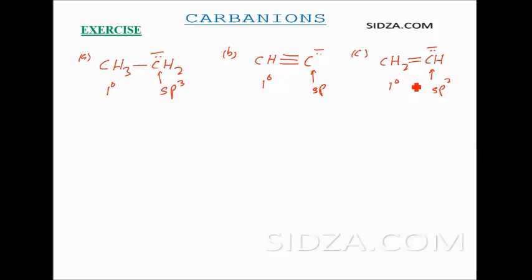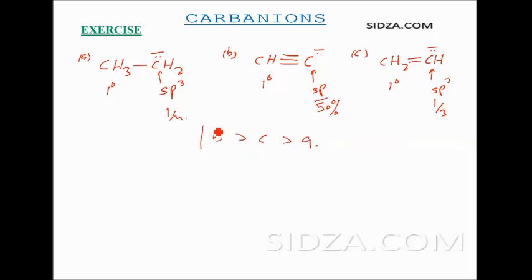Here you find more s character: 50% s character here, only one third here, and only one fourth here. More s character means more stable, because the carbon with higher s character is more electronegative and can bear the negative charge. Therefore B is more stable than C and then A. Therefore the order of stability will be B, then C, then A.